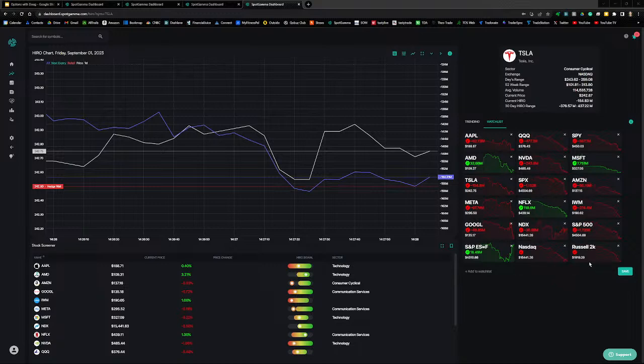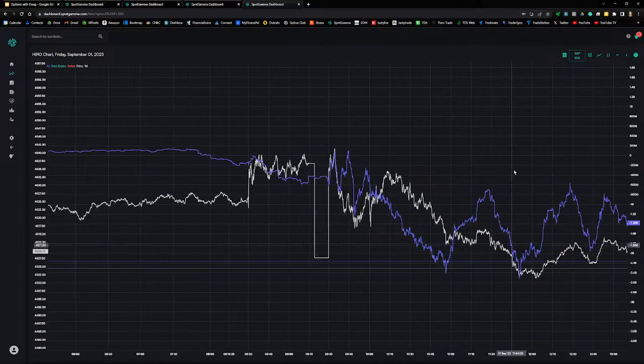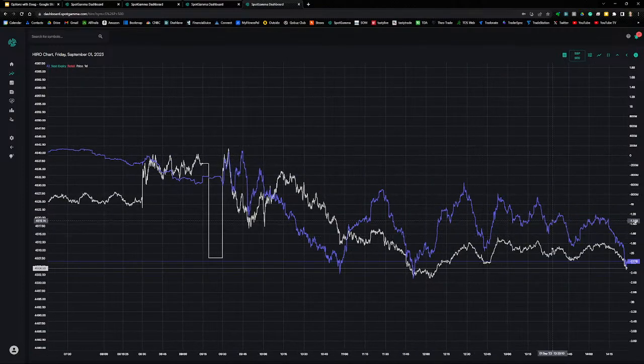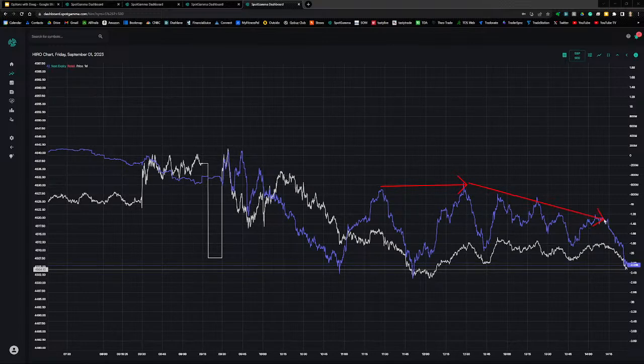All right, let's take a last look at the S&P 500. So the overall trend now has shifted back lower for Hero.